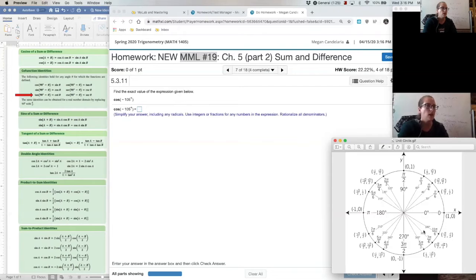So we're going to think of cosine of negative 105 as cosine of negative 60 minus 45. I'm going to go ahead and go to the board real quick, and let's see if we can work this out.